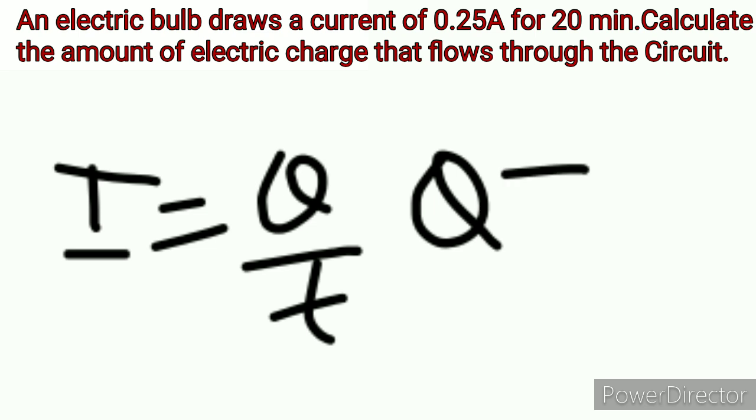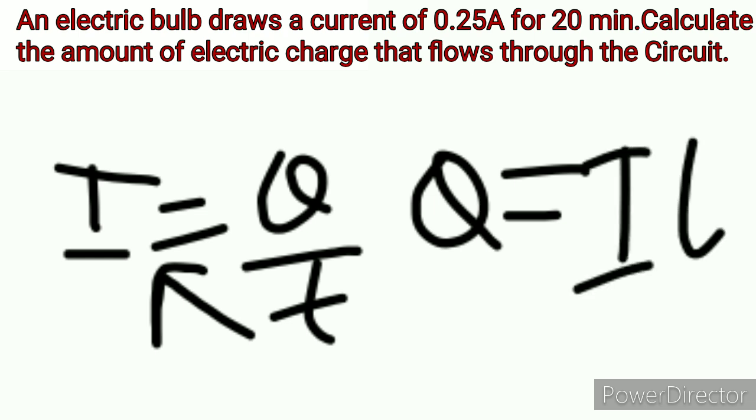We have to find the charge, so multiplying by T, Q equals I T is the formula.